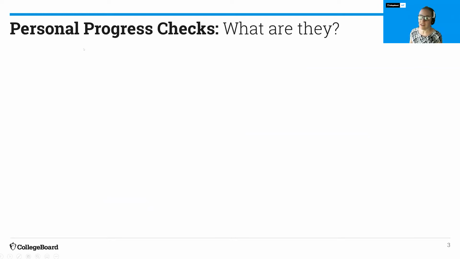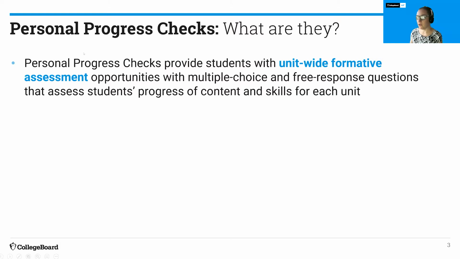Let's start by just answering the question, what are personal progress checks? Well, personal progress checks are full form assessments that provide students with unit-wide formative assessment opportunities. They have both multiple choice and free response questions that assess students' progress of learning course content and skills for each unit.